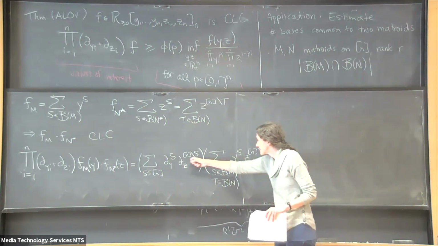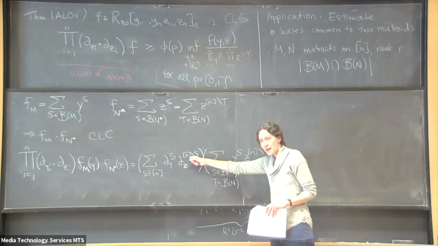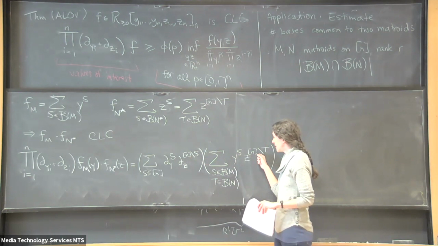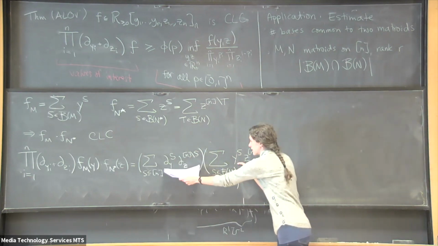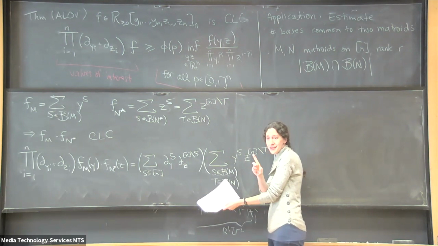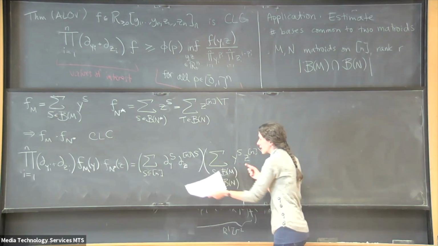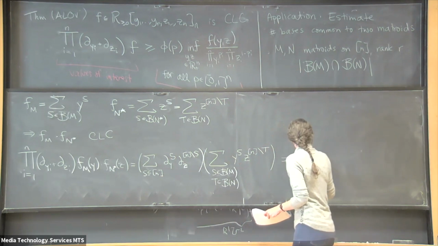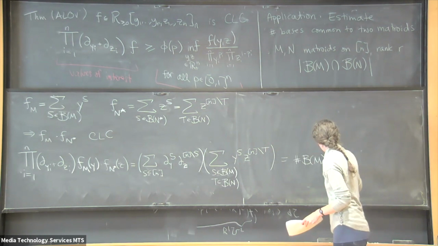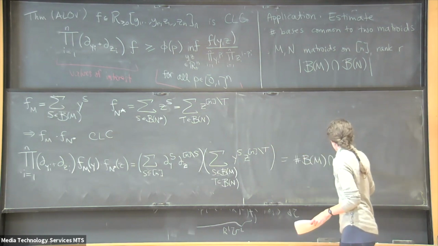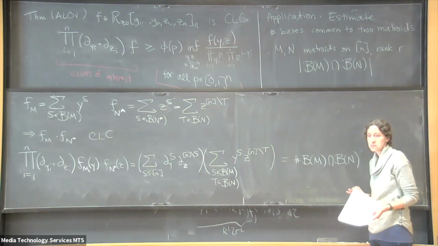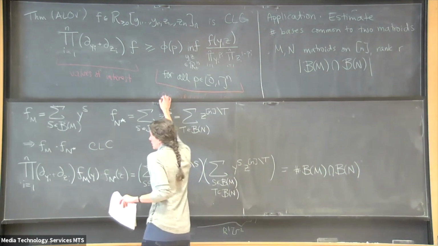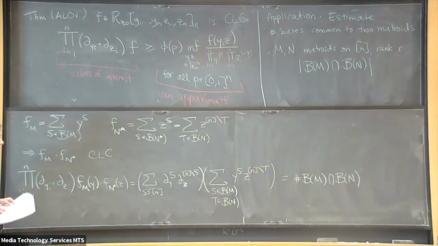S has to match with S, and the complement of S has to match with the complement of T. If they do, then when I apply this I get the value 1, because they're all square free, and otherwise I get 0. And so this is exactly going to give me the number of bases common to both.